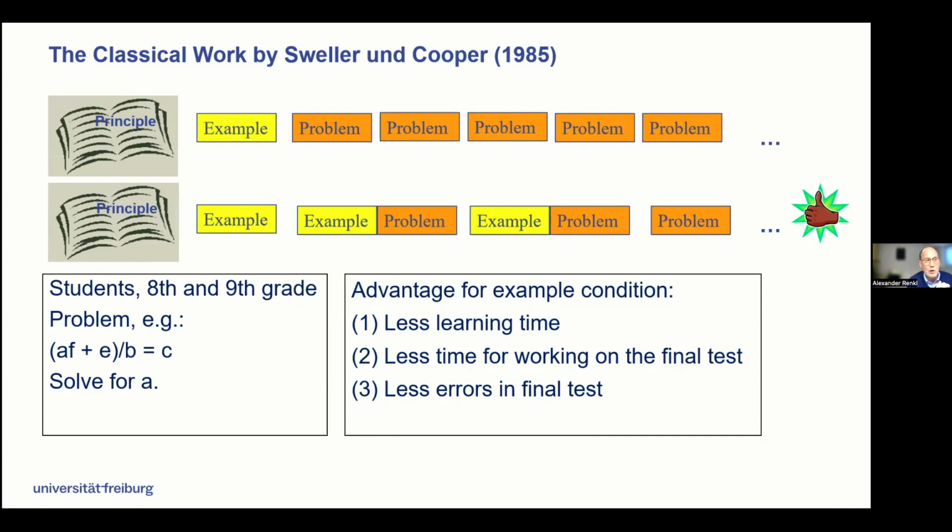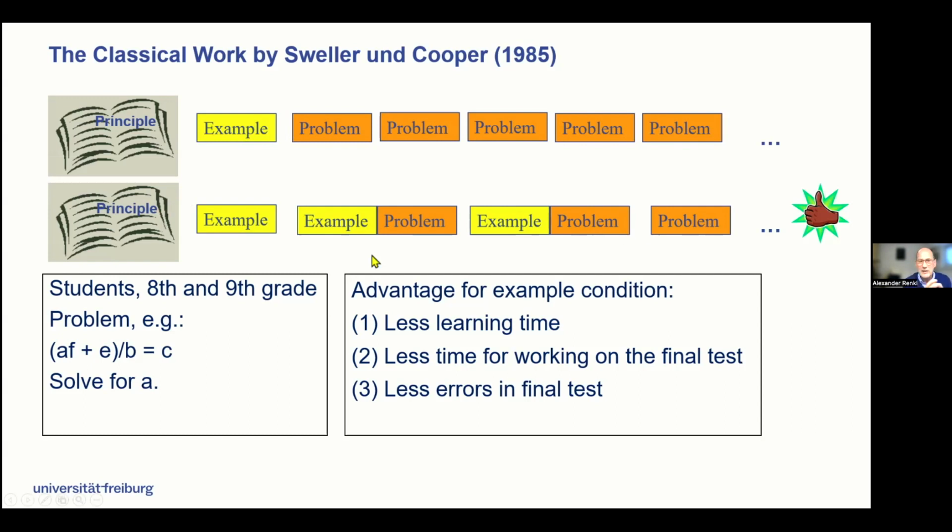Then in the control group, the upper line, there's also one worked example, but then the students engage in problem solving. Whereas in the classical studies, after the first example, there are example-problem pairs, and these example-problem pairs should assure understanding before you go over to problem solving.